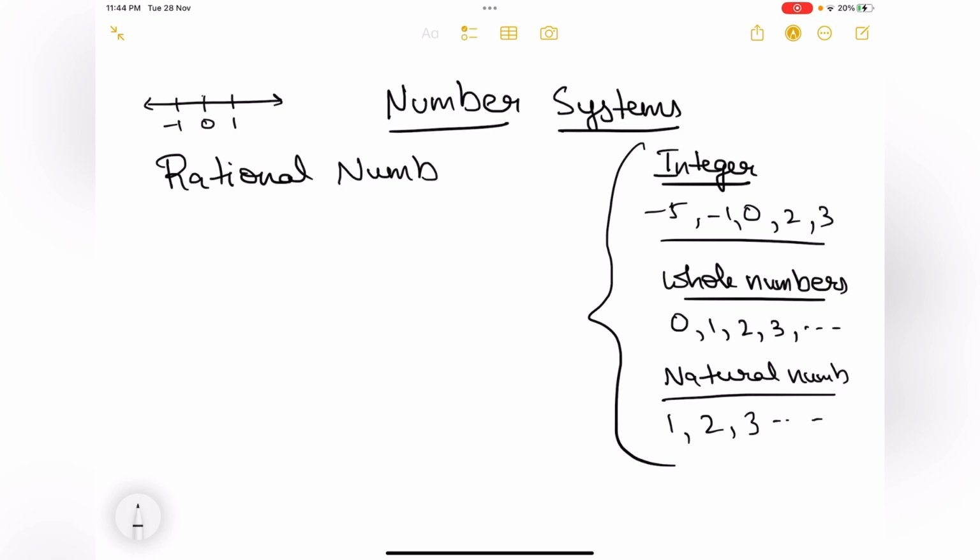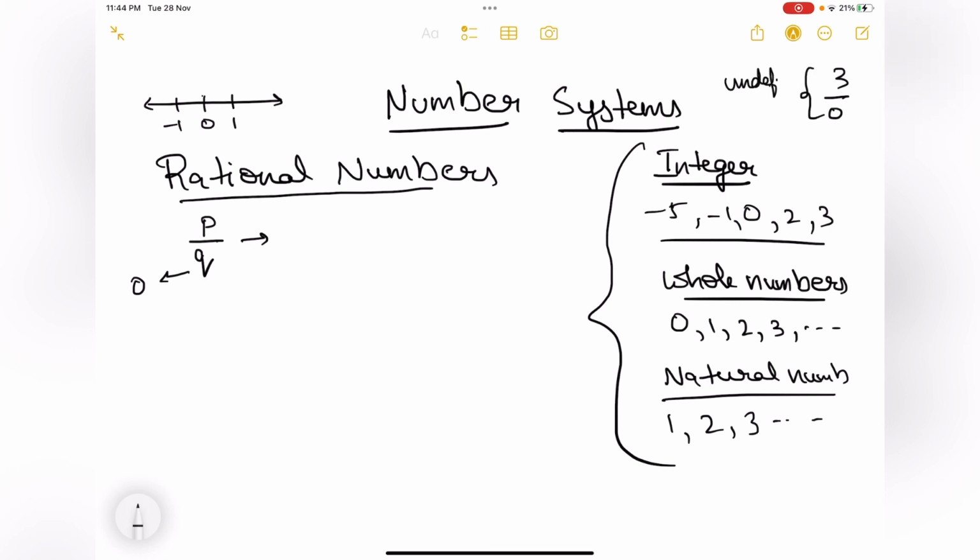Rational numbers are basically the numbers that can be represented in the form of p by q, right? Where p and q are integers. Now you may get the question, what if q is 0? If q is 0, the number will become undefined, right? 3 divided by 0, you won't be able to do it. That is undefined.